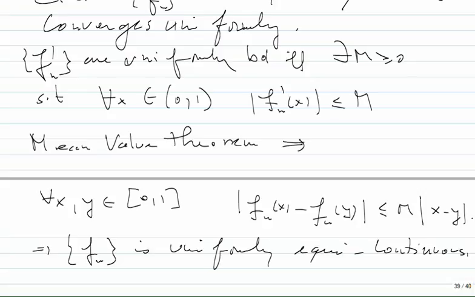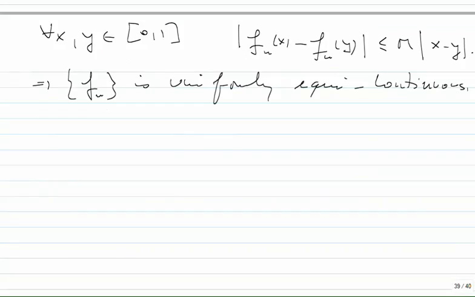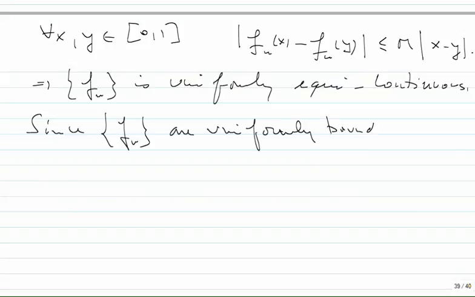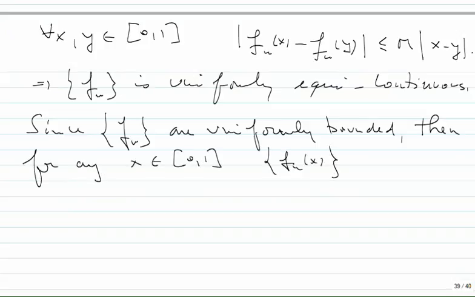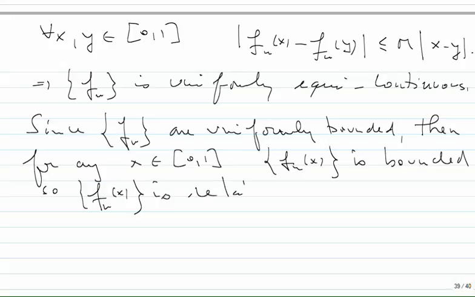And as we said, since F_n are uniformly bounded, then for any x in [0, 1], the sequence F_n(x) is bounded. So F_n(x) is relatively compact.